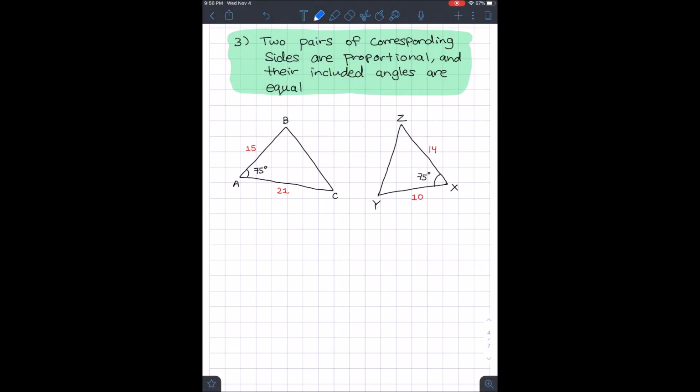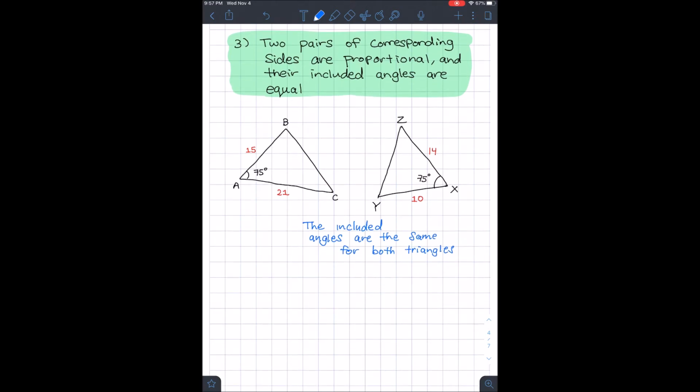So right off the bat, we can say that the included angle is the same for both triangles. Okay, but that's not the only part of this condition that we have to prove. We also want to check if the two pairs of corresponding sides are proportional, kind of like what we did for the second condition.